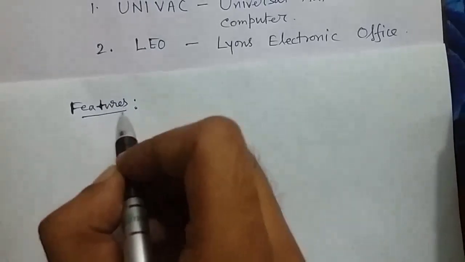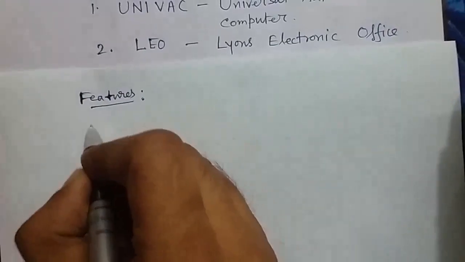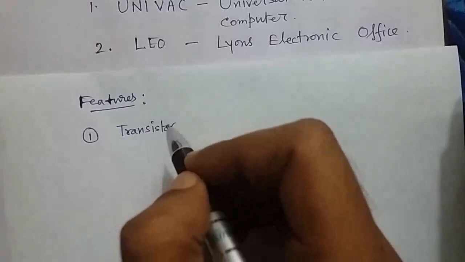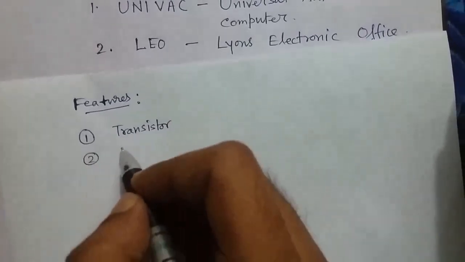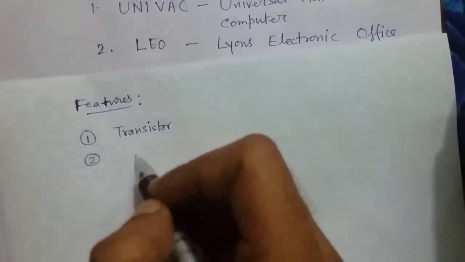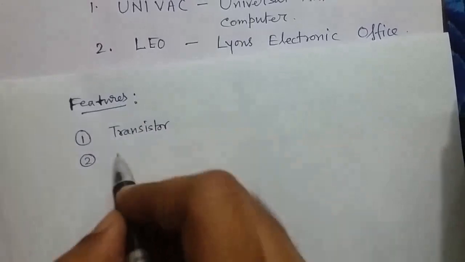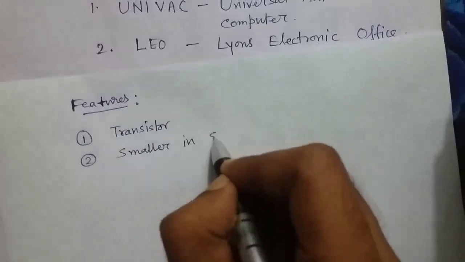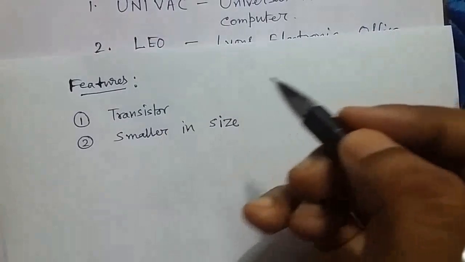Now we'll discuss some features of second generation computers. Number 1, transistors were used as the main electronic component. Number 2, because of the removal of vacuum tubes, these computers became smaller in size compared to first generation computers.